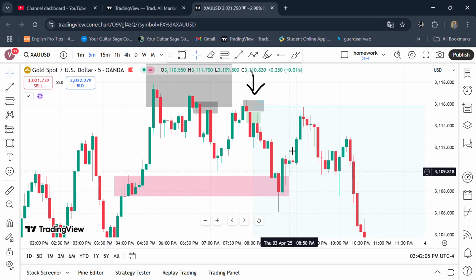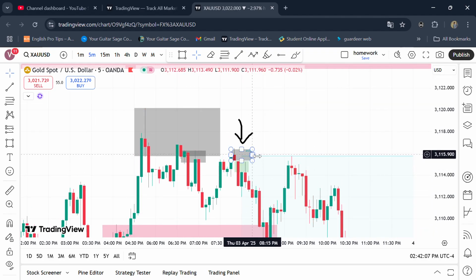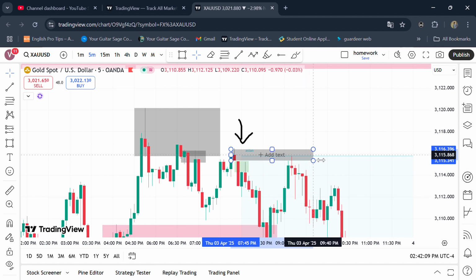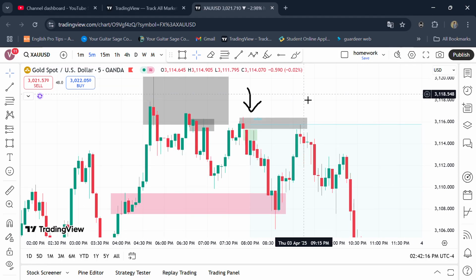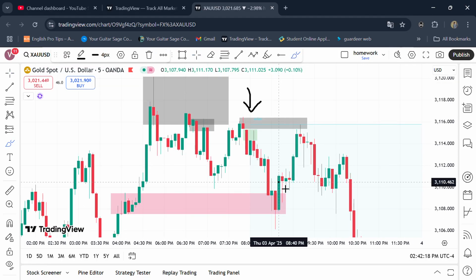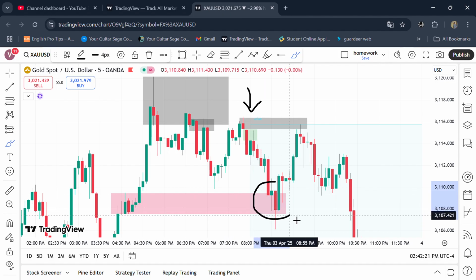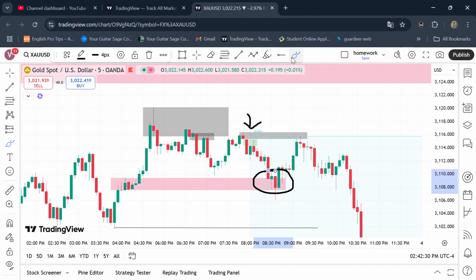And if it gets supported, then we will have to see what happens on this order block. So you can see everything is dependent on what happens here in this region where the 15-minute order block is, and then what happens when it taps this 5-minute order block.